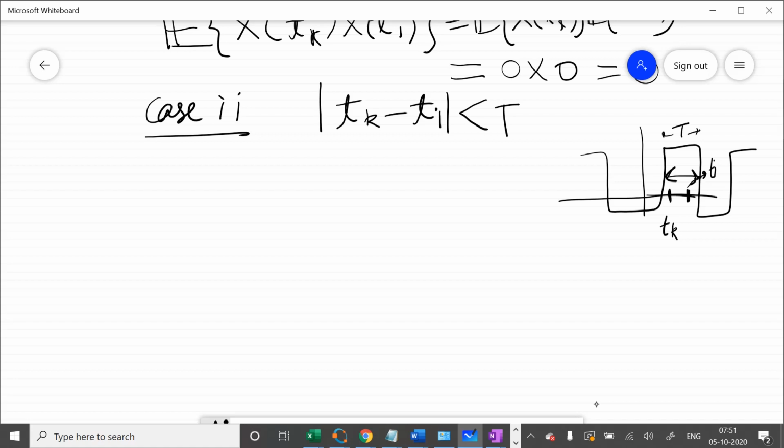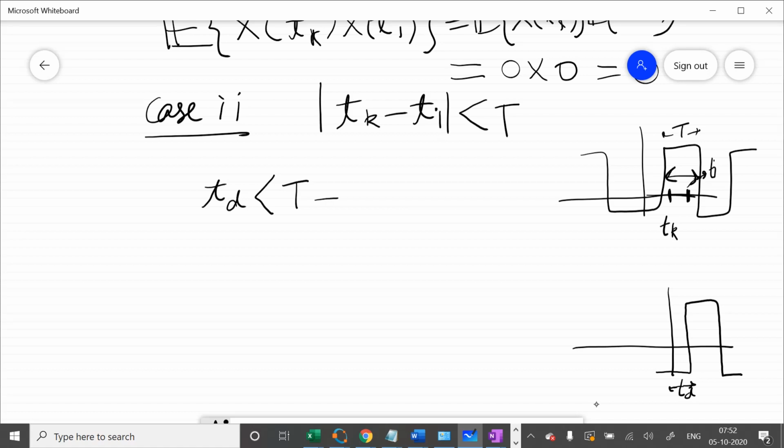Further, if you look at this delay part, suppose the signal is like this, so this is the td. Now this td also has to satisfy this condition.